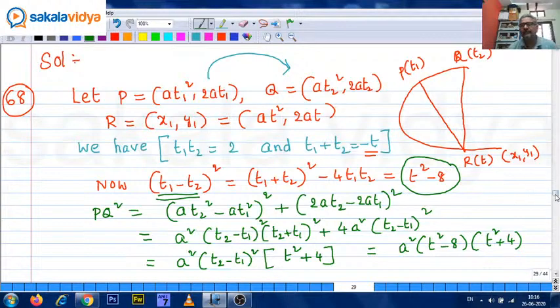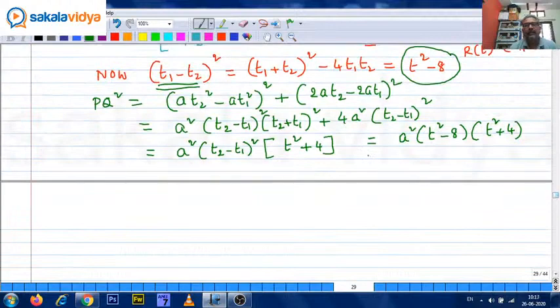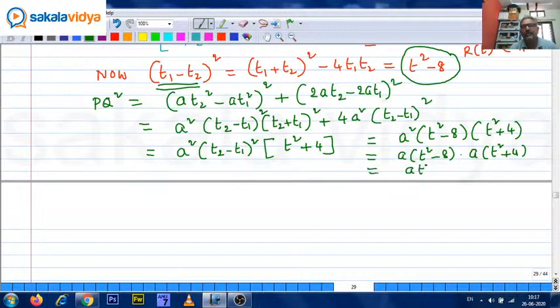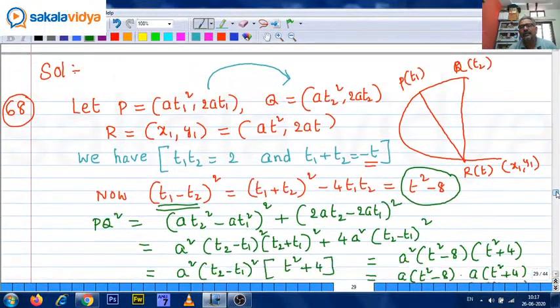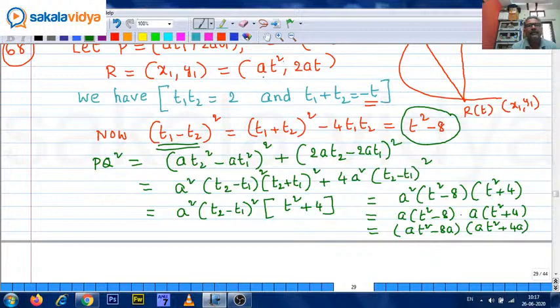So next, I will write this like this. A multiplied by t square minus 8 into a multiplied by t square plus 4. Again this can be written as at square minus 8a, at square plus 4a. Now let us come to here. See, x1 is at square, y1 equals 2at. at square is equal to x1, you can substitute.